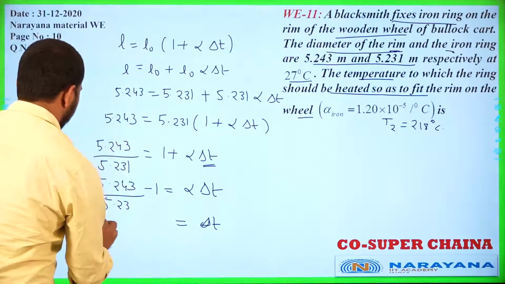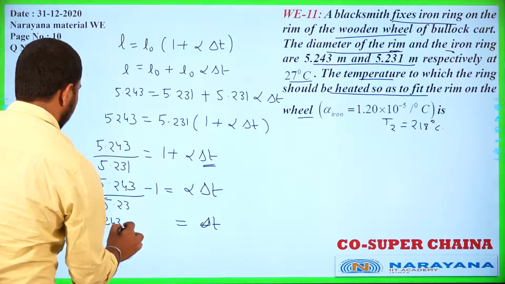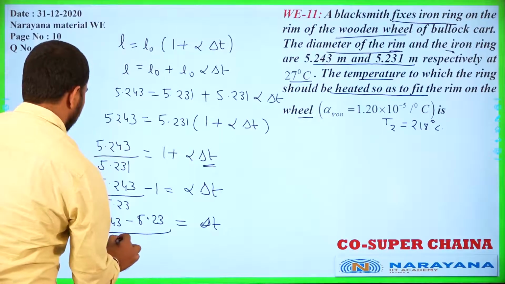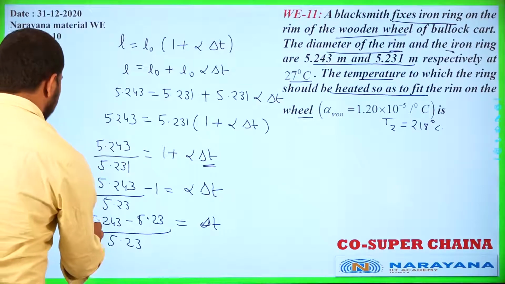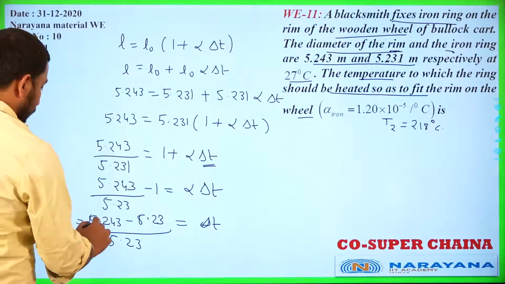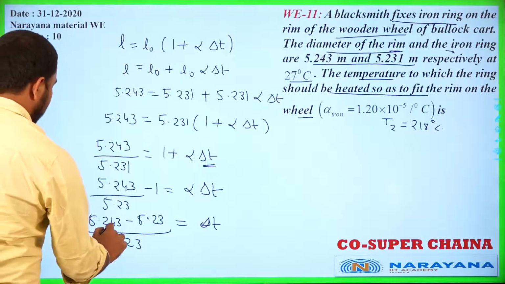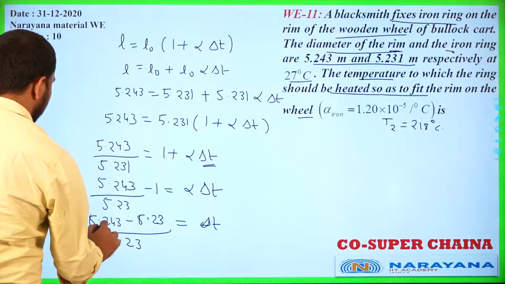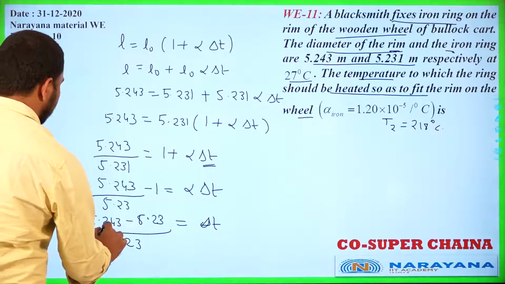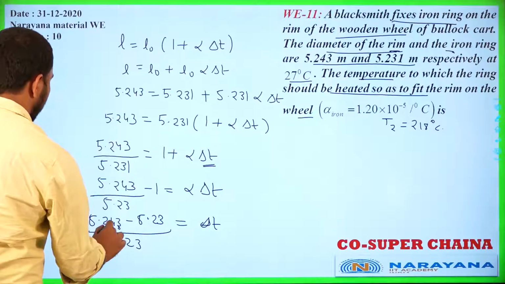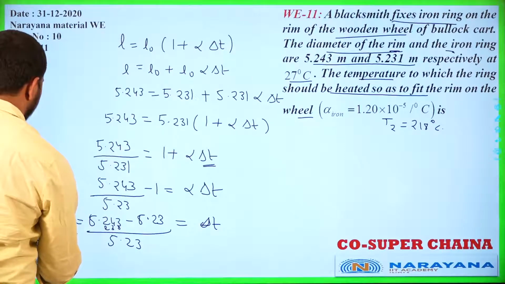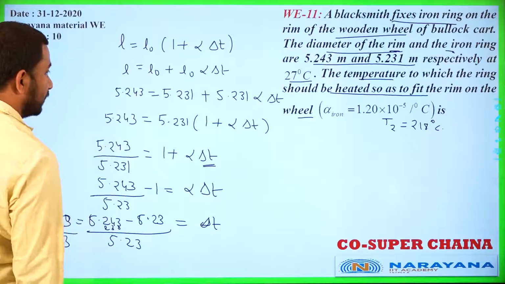Delta T will be 5.243 minus 5.231 by 5.231, which comes to 0.012 by 5.231.